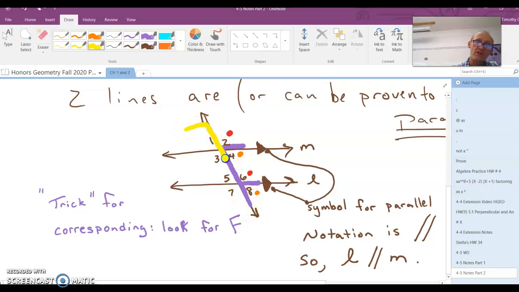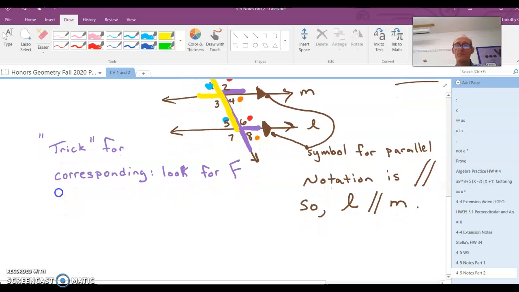There's a lot of F's going on here. And from that F, you can see that 1 and 5 are corresponding. So there's a little trick for corresponding angle pairs.